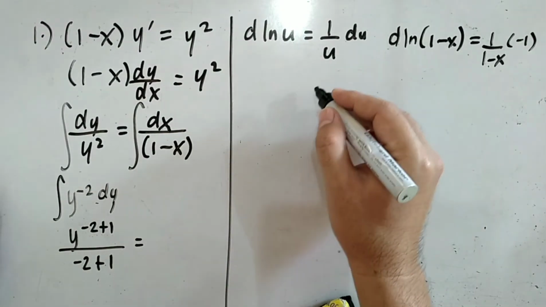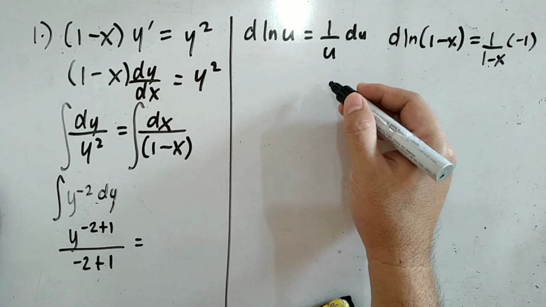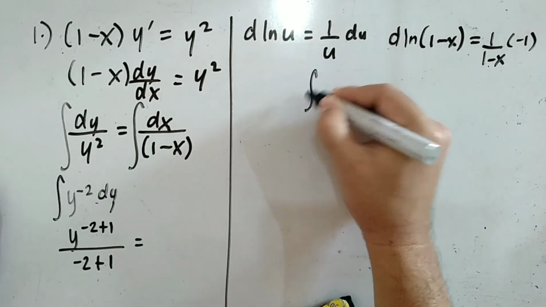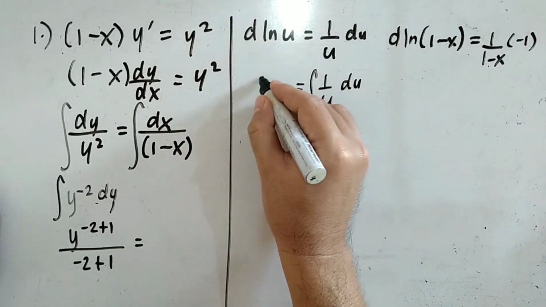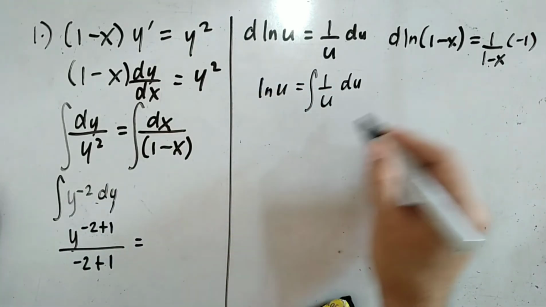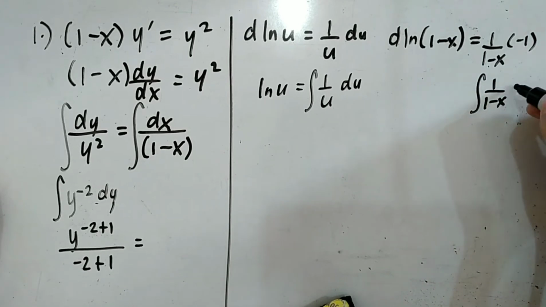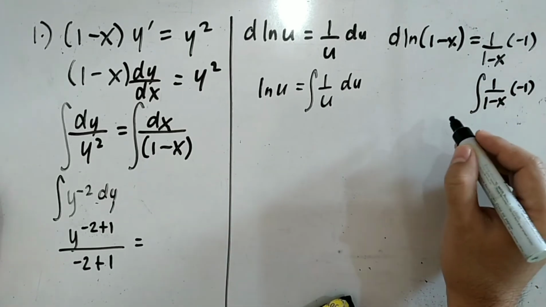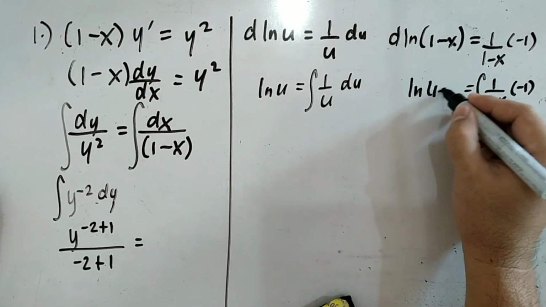Therefore, since integration is simply anti-differentiation, the integral of 1 over u du is equal to ln of u. So here, the integral of 1 over 1 minus x times negative 1 is equal to ln of 1 minus x.